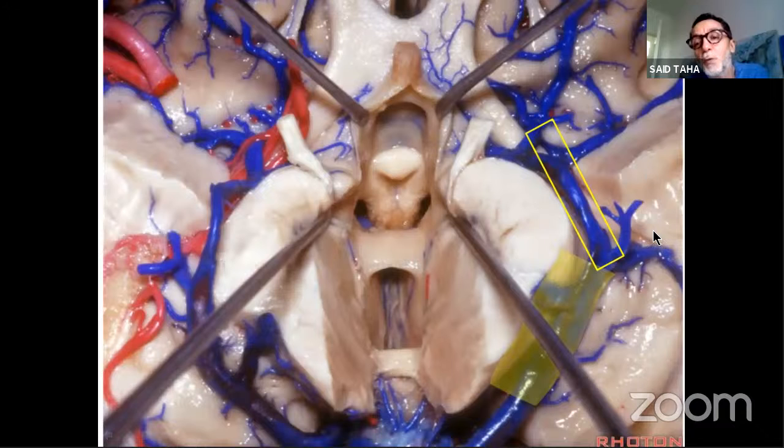And here we have the middle incisural space with the crural cistern here and the ambient cistern in this region.